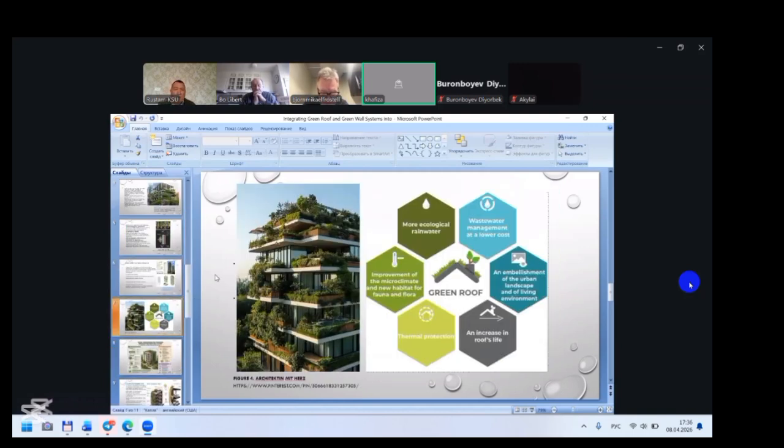The next slide is green roof benefits. It helps with ecological water management and increases roof life. It also gives thermal protection from the sun, improves the microclimate, and provides new habitats for flora.